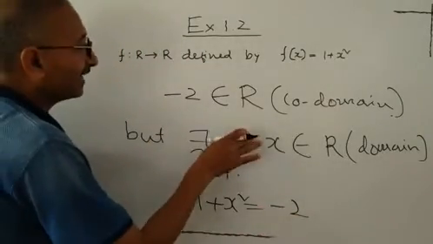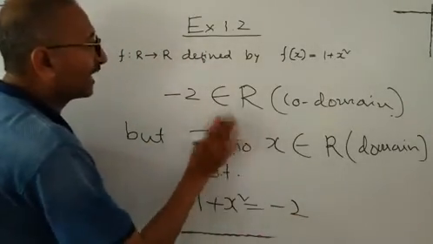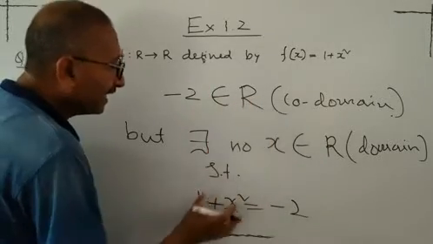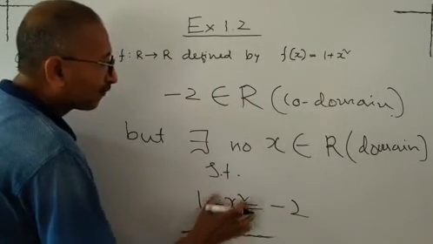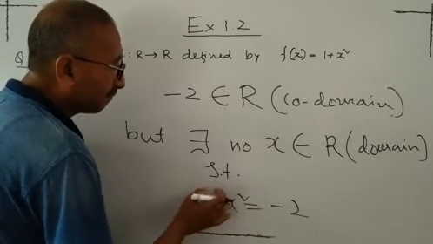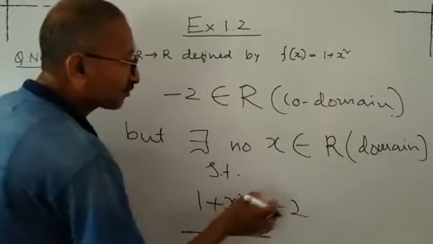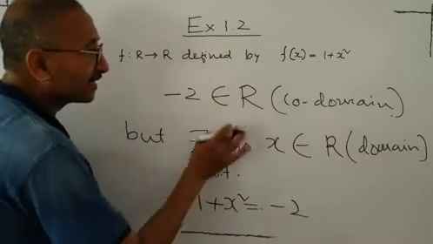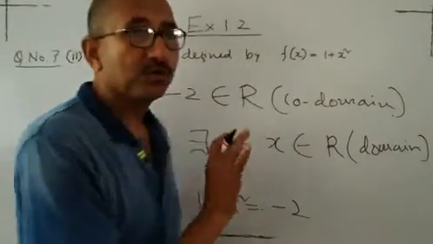So you cannot find a number of this form such that the resulting number becomes minus 2. So this is not an onto function.